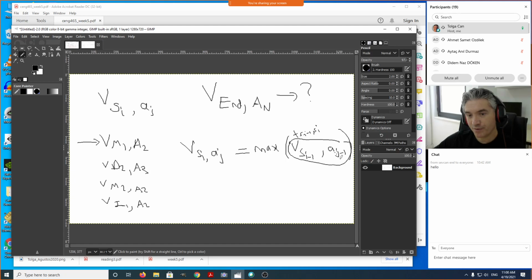By the way, this observing the previous symbol is going to be different if this Si is a delete state. What if we have observed Aj in a delete state as the last symbol?